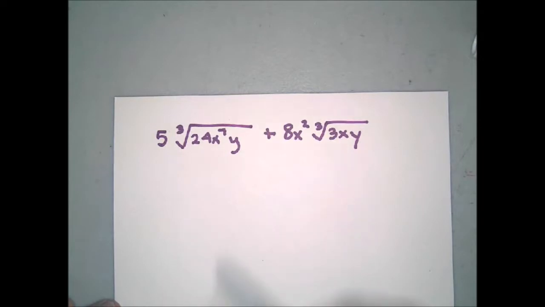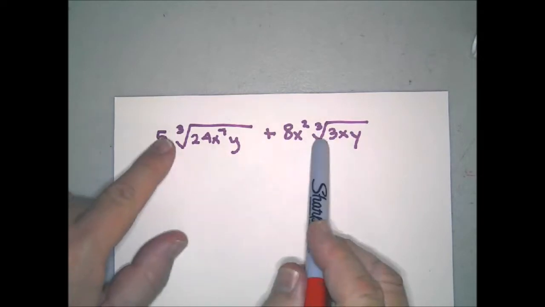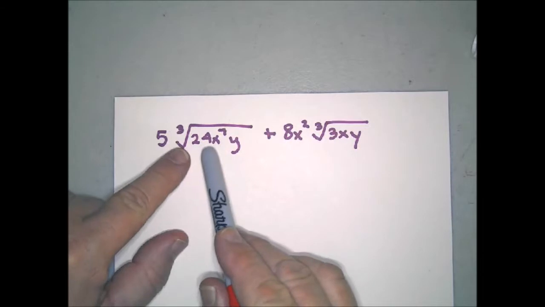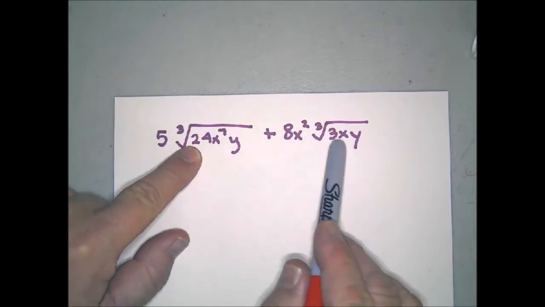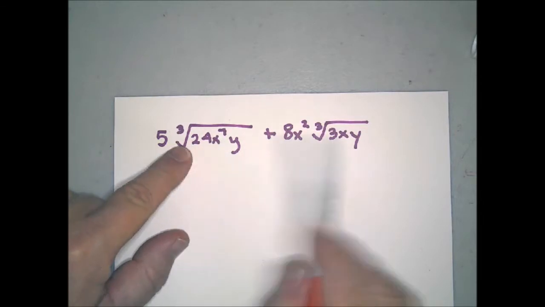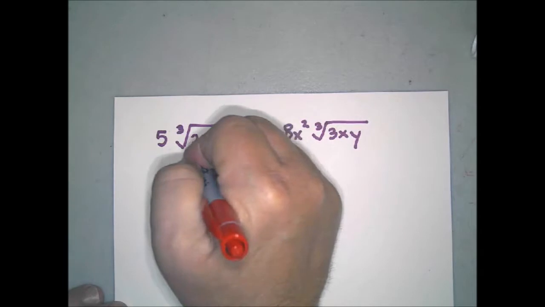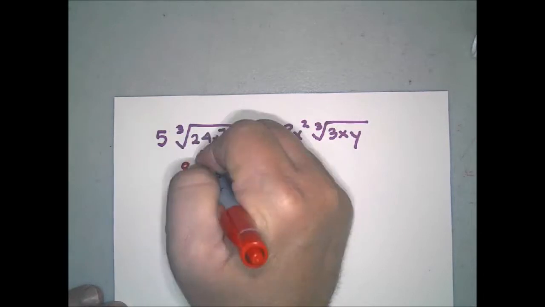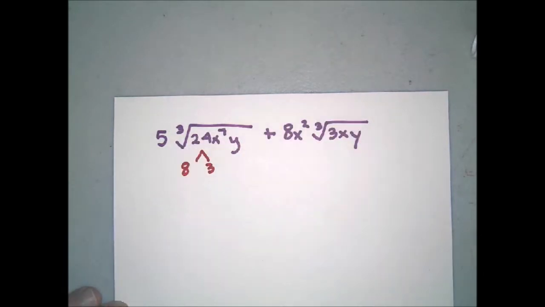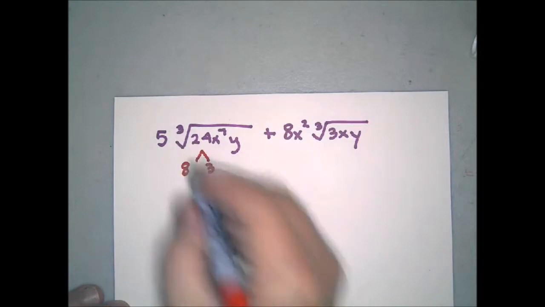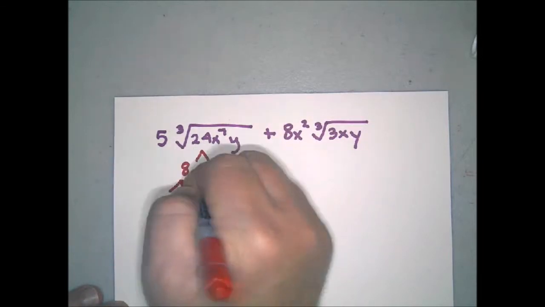Again, it follows the same concept of they're both cube roots, but they're not cube roots of the same thing, or at least they aren't right now. So I can't just add the insides. I need to simplify what I can. 24 is 8 times 3. Now remember the trick for 8 when you're dealing with cube roots.